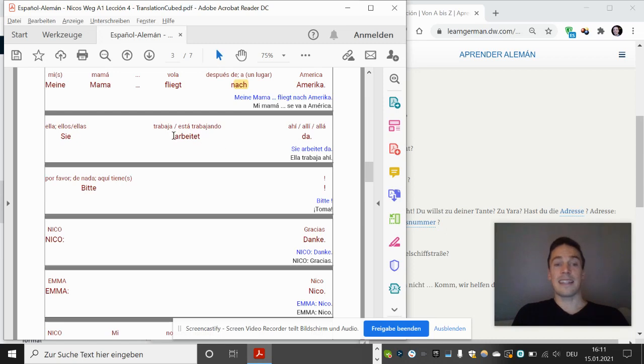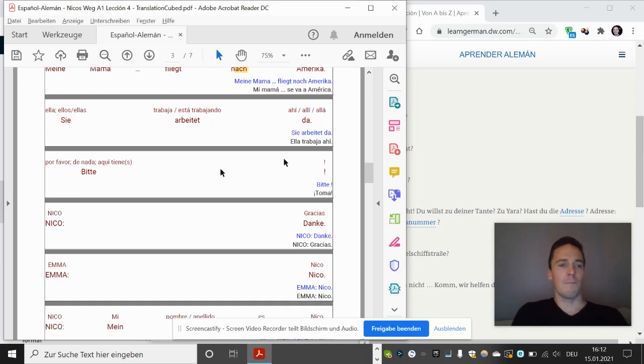Entonces se utiliza tanto para generalizar como para decir que algo está pasando ahora mismo, en este momento. No sabemos en realidad si ella trabaja ahí frecuentemente, o ella está trabajando ahí ahora mismo. No está claro dentro de este contexto, sie arbeitet da, ¿vale?